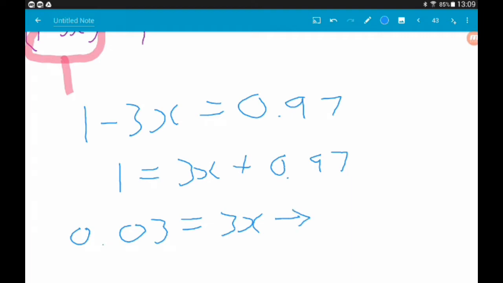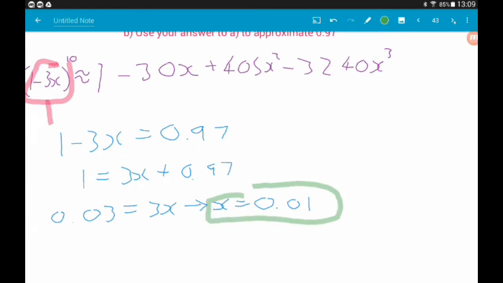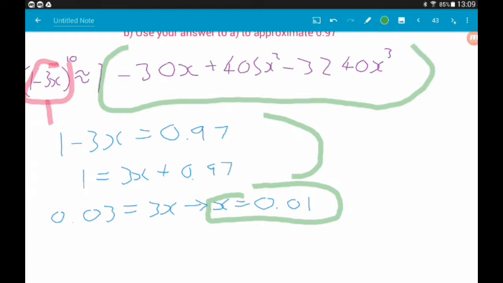Therefore, x is equal to 0.01. So we now substitute that value of x into the approximation of our expansion. So x equals 0.01 gets substituted into this expression here.